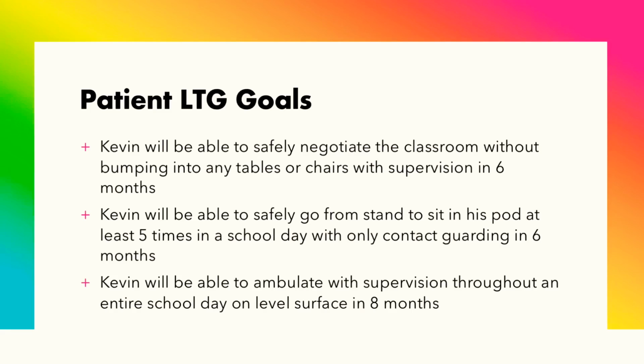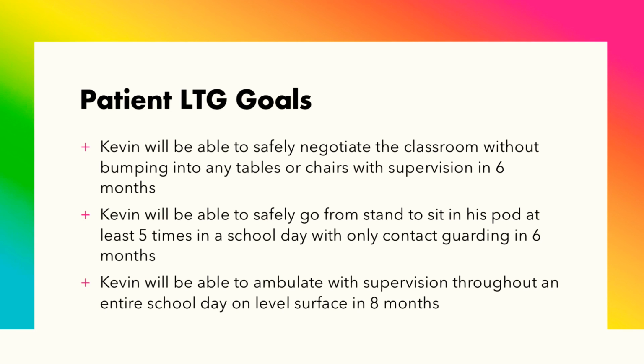He's a little bit more ambulatory independently, and that's definitely one of our long-term goals, to be able to get him there. So going into the long-term goals, we want to see him be able to safely negotiate the classroom without bumping into chairs or tables or other objects and equipment that are in the classroom.